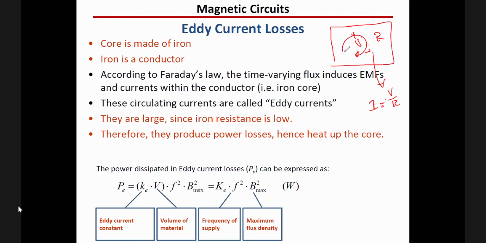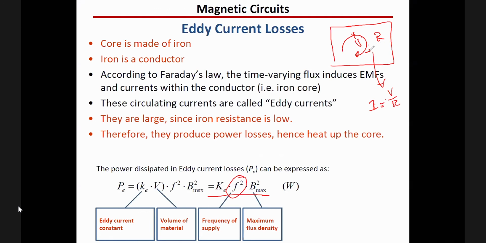And we can also estimate this loss, similar to the previous one, using an equation: K constant, frequency squared, and also the flux density. So how can we resolve this issue? Is there a solution for this? Well, yes, there is. What do you think?